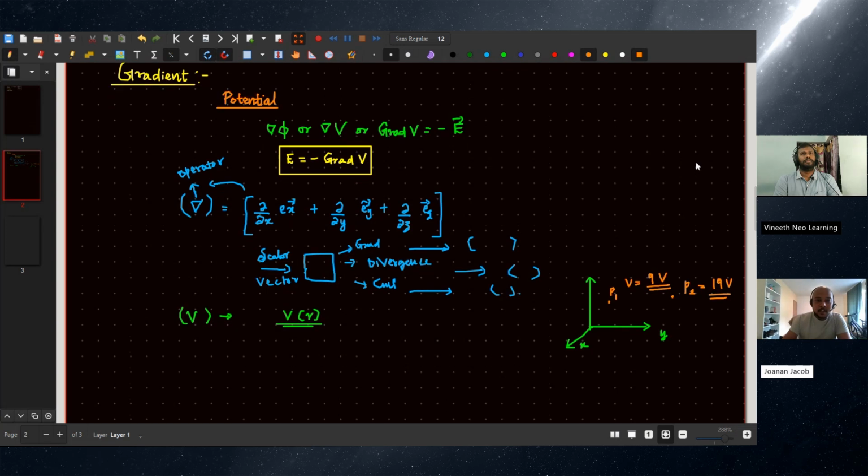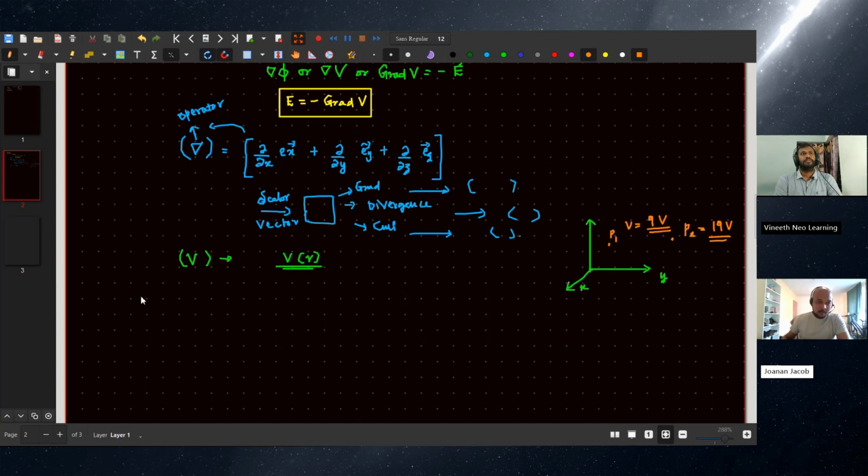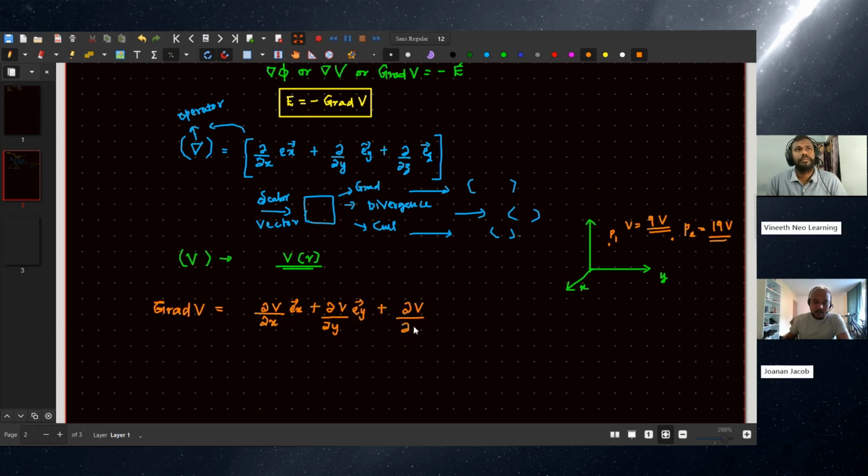So the gradient of a scalar field will be written like this. Gradient of V is simply equal to the partial derivative of V with respect to x in the x direction, plus the partial derivative of V with respect to y in the y direction, plus the partial derivative of V with respect to z in the z direction.